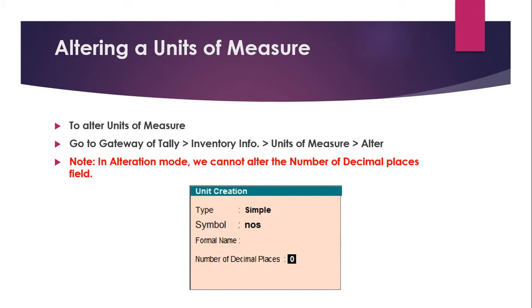Unit of measure will be displayed in alteration mode, wherein type, symbol and formal name can be modified or altered. In alteration mode, we cannot alter number of decimal places filled.